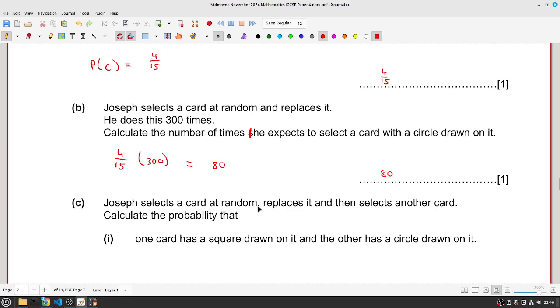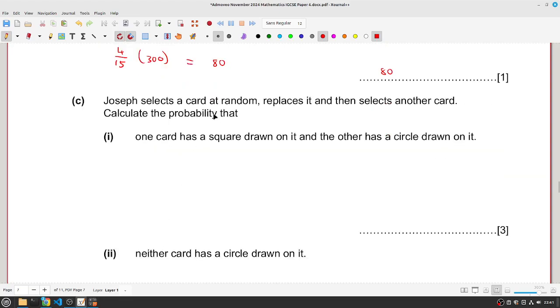Now Joseph selects a card at random, replaces it, and then selects another card. Okay, so he picks up 2 cards, but he replaces the first one so that card is again drawable. Calculate the probability that one card has a square and the other has a circle. Okay, so let me quickly draw a picture. So for the 2 cards that he picks, one has a square and the other a circle.